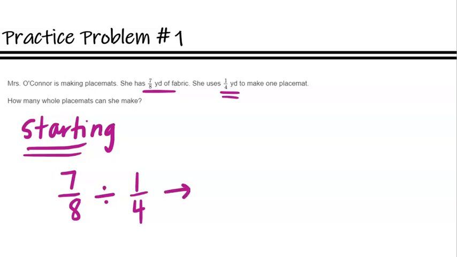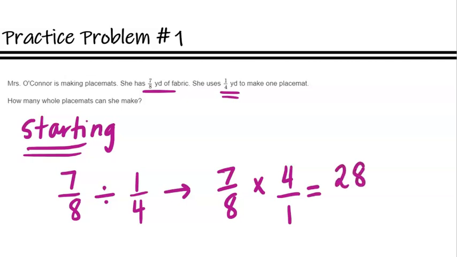So remember, when we solve, we are going to multiply the first fraction, keep it the same, but multiply by the reciprocal of the next fraction. Then I'm going to multiply across the top. That is 28. Multiply across the bottom. That is 8. And now I just need to find whole placemats.